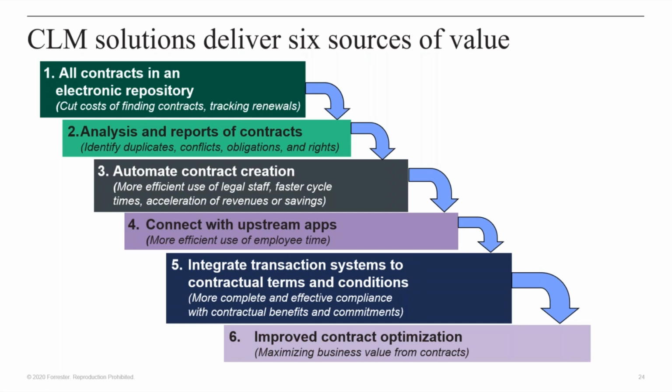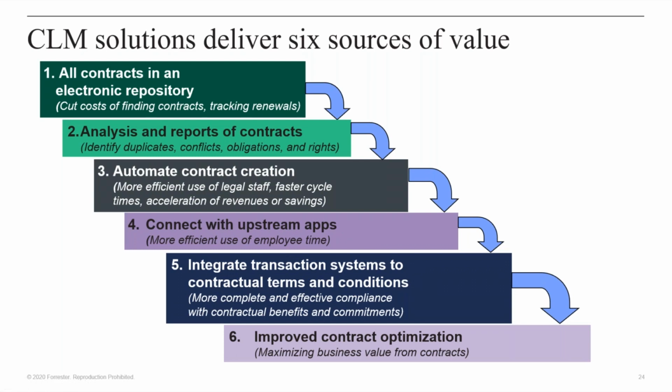The next stage of value is when you then link the transaction systems to those terms and conditions in that library, so that when a requisition is initiated, before it becomes a PO, the system checks, do you have a contract with the supplier? If so, is the item being purchased covered by the contract?